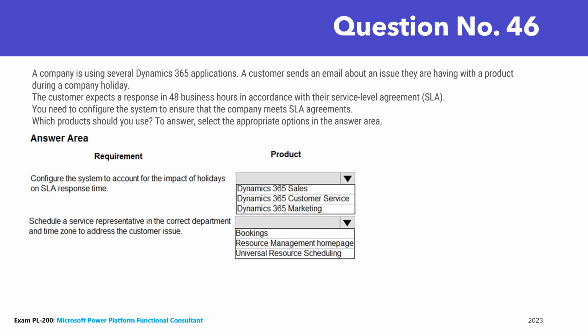A company is using several Dynamics 365 applications. A customer sends an email about an issue they are having with a product during a company holiday. The customer expects a response in 48 business hours in accordance with their service level agreement, SLA. You need to configure the system to ensure that the company meets SLA agreements. Which products should you use? To answer, select the appropriate options in the answer area.